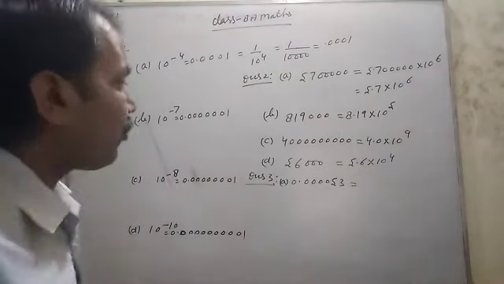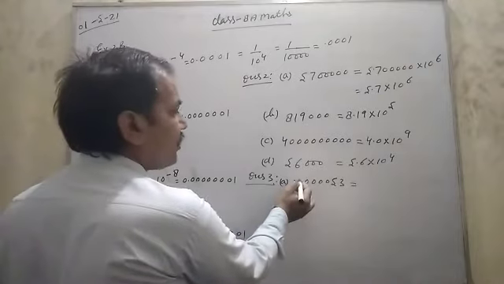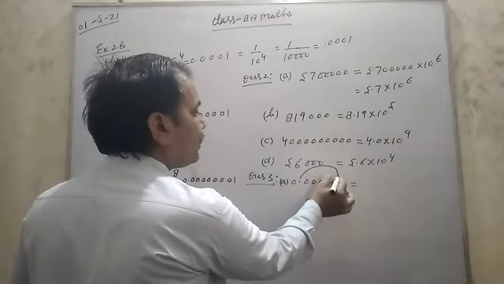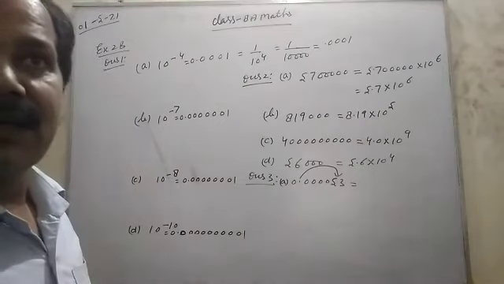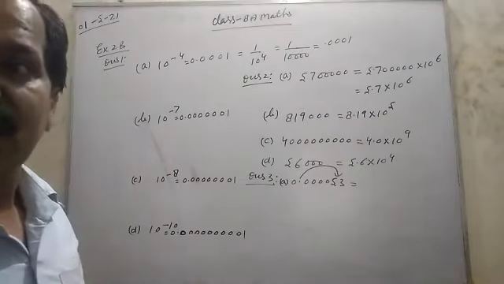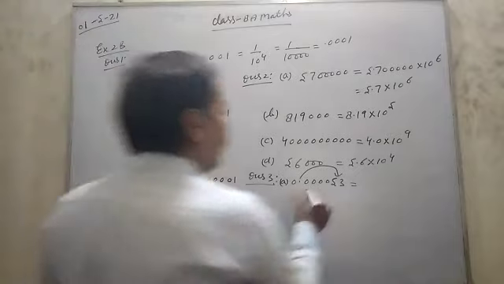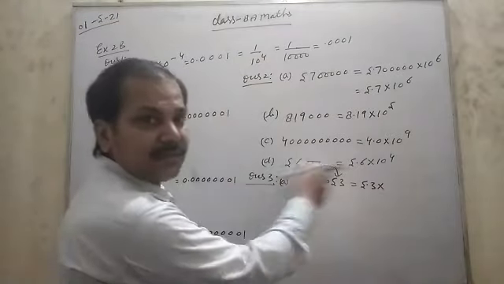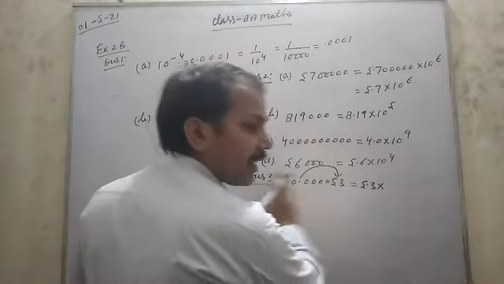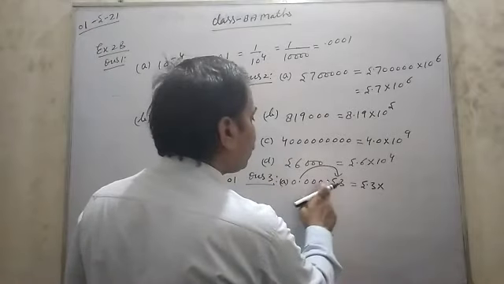Here the point is given here. We have to shift it here because the number should be greater than or equal to 1 and less than 10. So this is 5.3. How many digits shifted? Here to the right-hand side: 1, 2, 3, 4, 5.